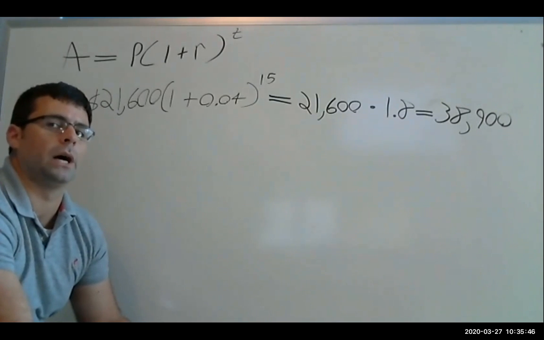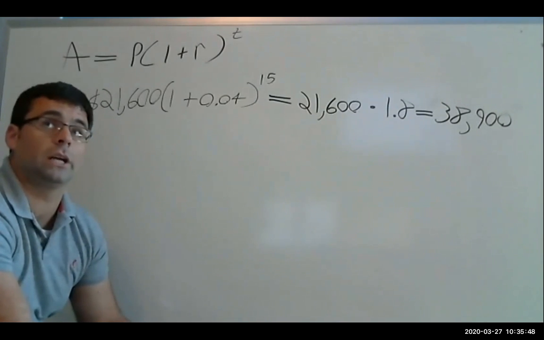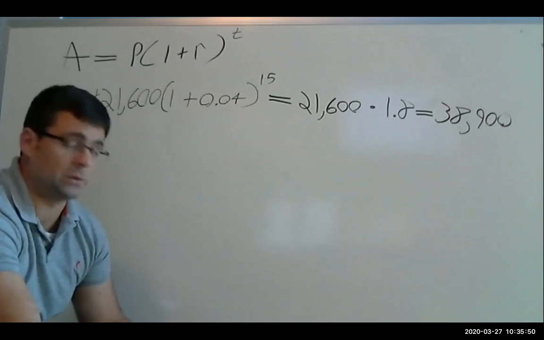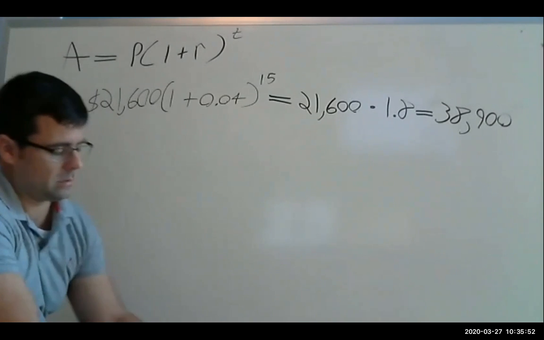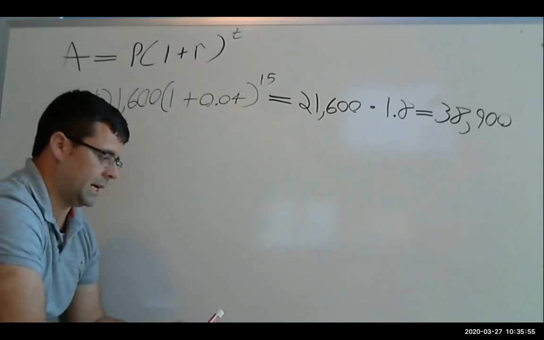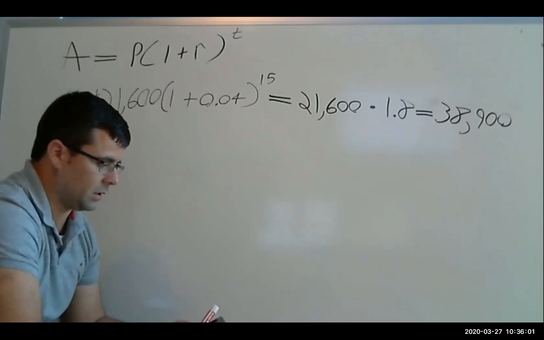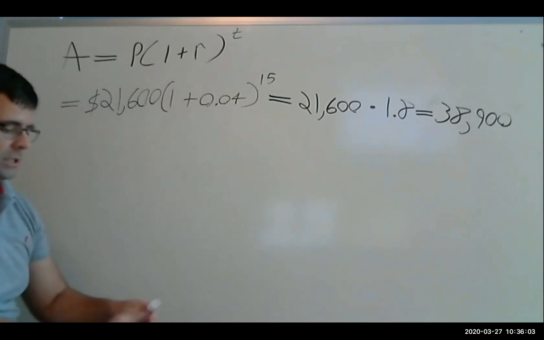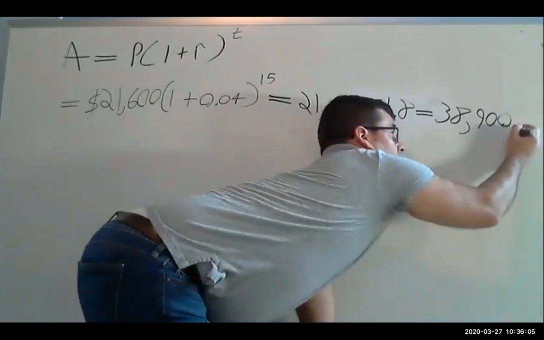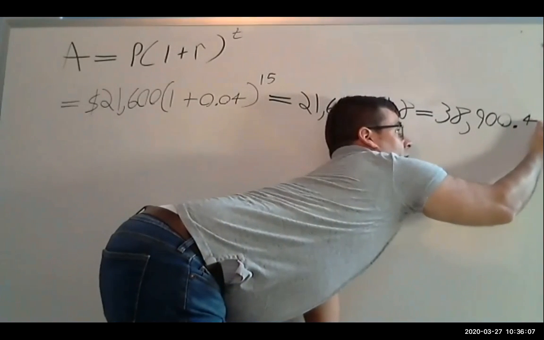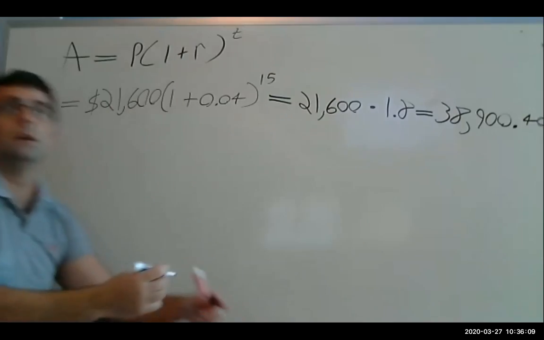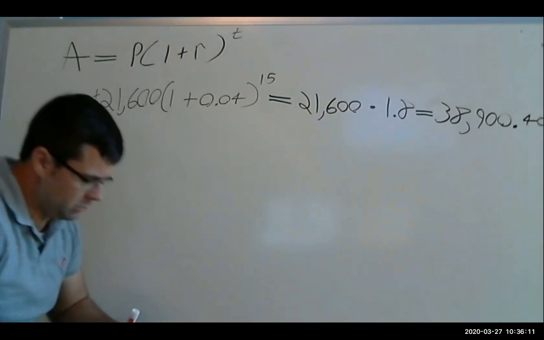But you rounded? I rounded? Yeah, because my calculator gave me 38,940. What did you get?